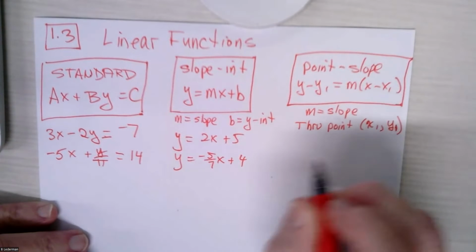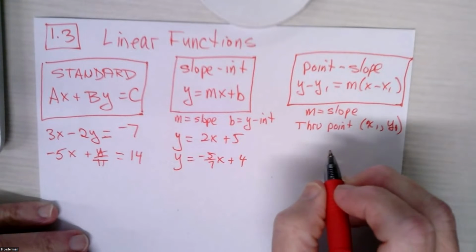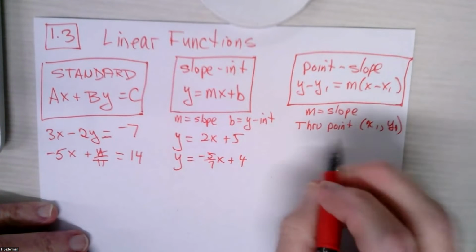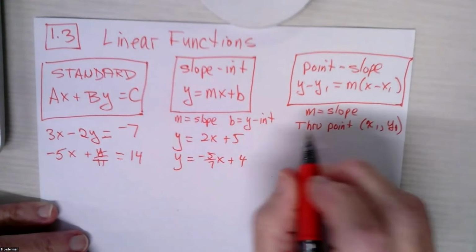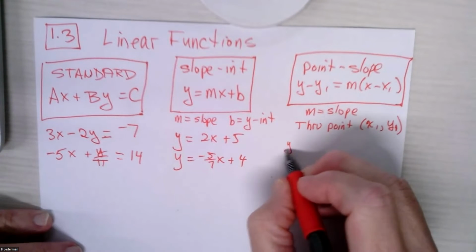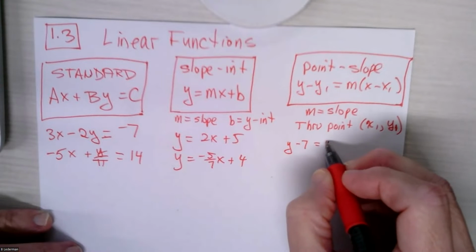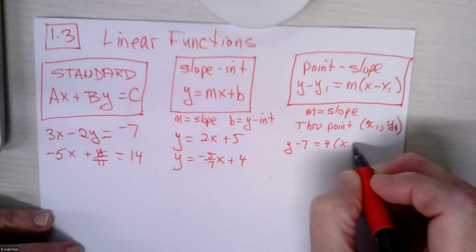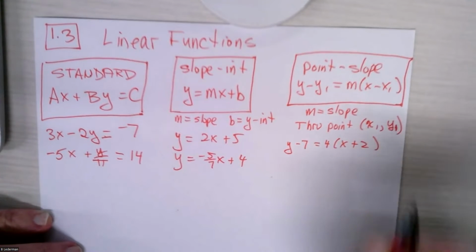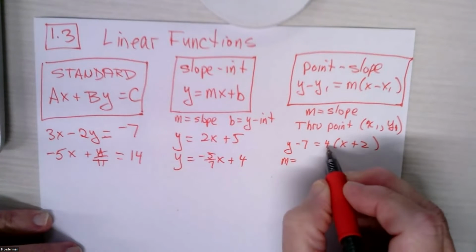So if I have an equation, y minus 7 equals 4 times x plus 2, that means that the slope of this line is equal to 4.